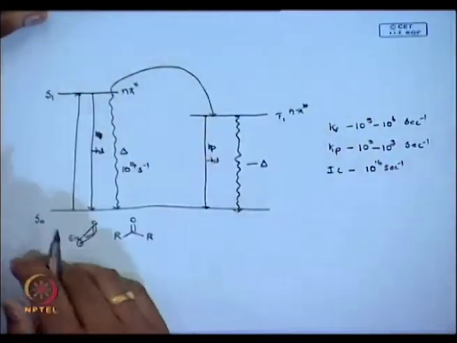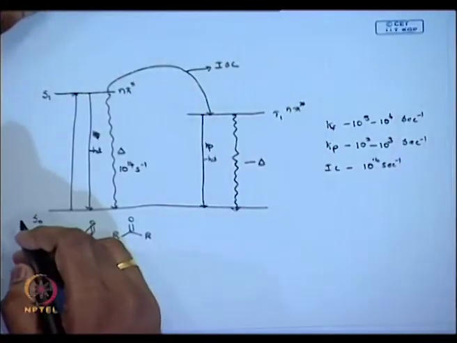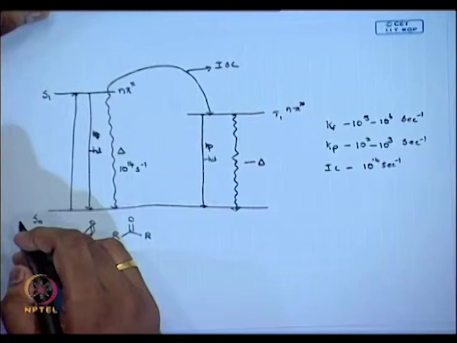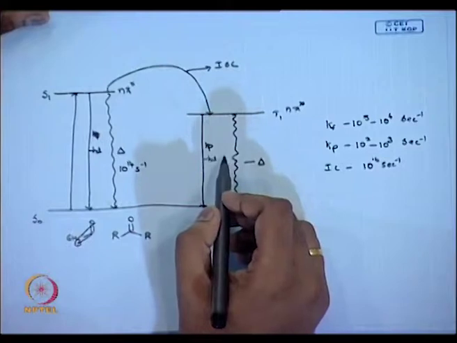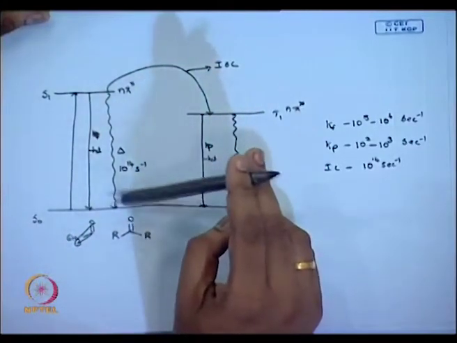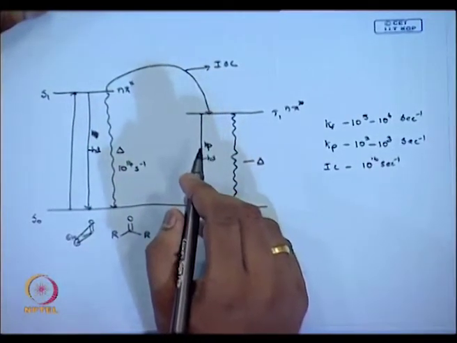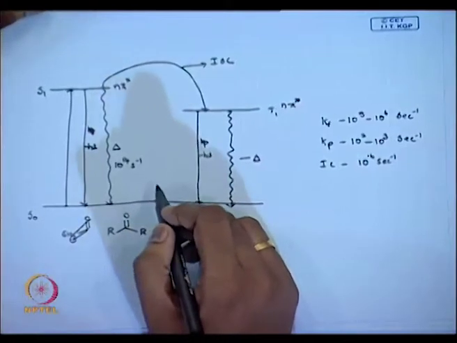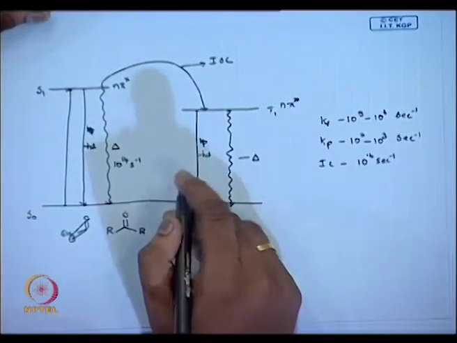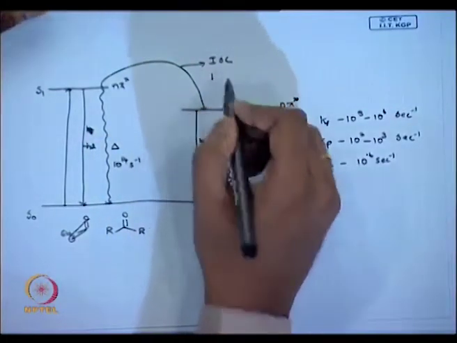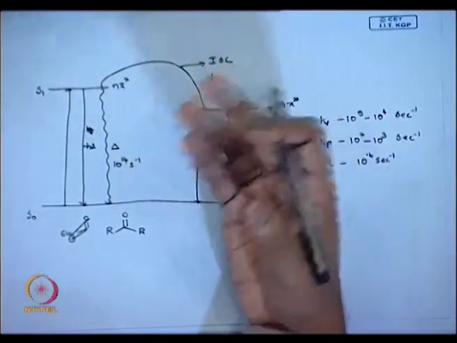Any idea about ISC, what number this can be, this inter-system crossing? It is again a spin flipping process, right, but normally you know how this goes. S1 to T1 it will not jump like that. How does it do, do you have any idea? It will be slower than IC, but whether it will be slower than your phosphorescence or faster, because both are spin flipping processes?